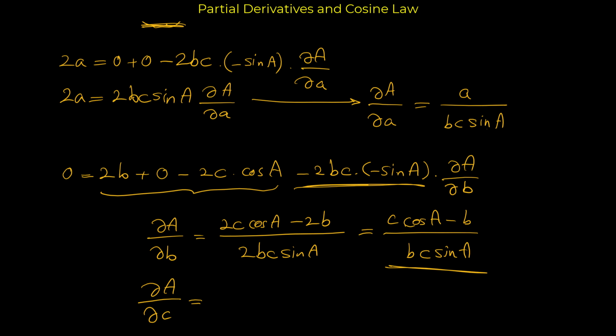With respect to b, we have c cosine A. So with respect to c, we expect to get b cosine A minus c, all over bc sine A. You can check by calculation that this would be the answer for the partial derivative with respect to c.